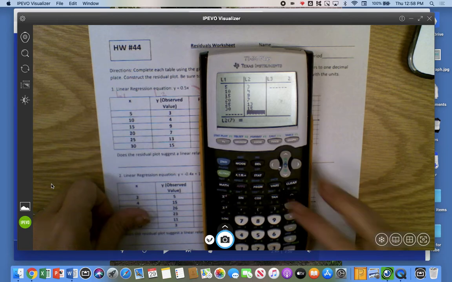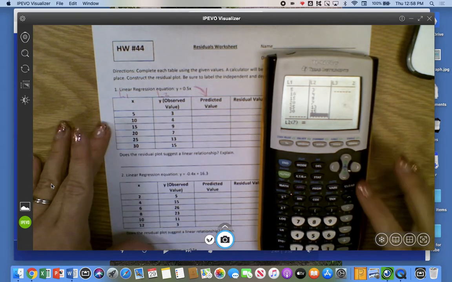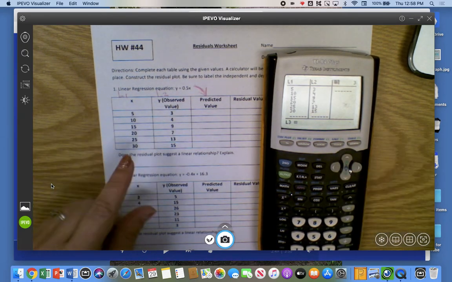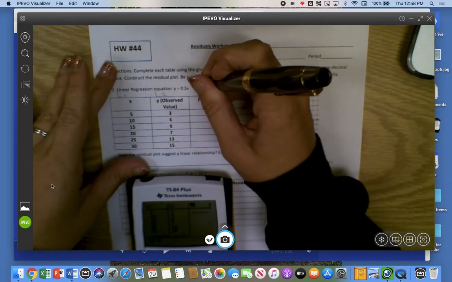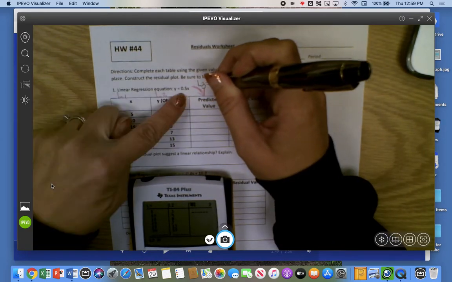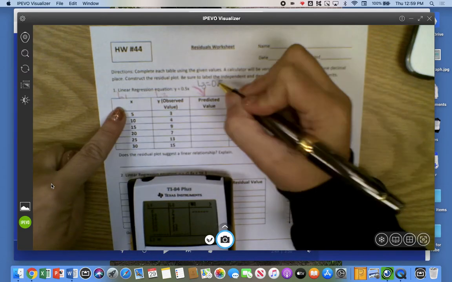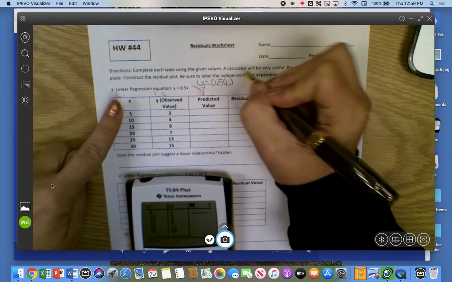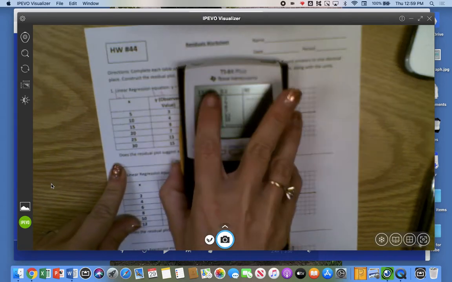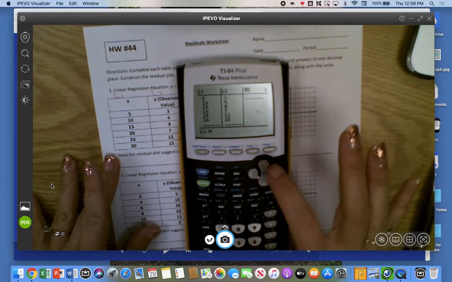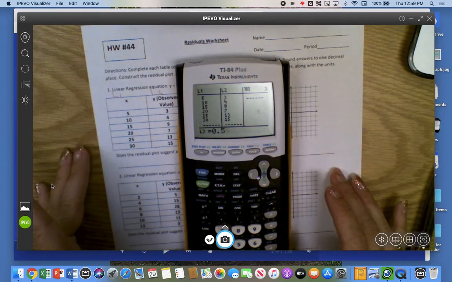Whenever we look at these residuals, we are going to see how the dots compare to the predicted values. If we want to put this in L3, since it's 0.5x, we can do 0.5 times the x values, which came from L1, and we don't have a b value. So we go up to L3, highlight it, and type in 0.5, and then you can use parentheses or just put L1 right in.